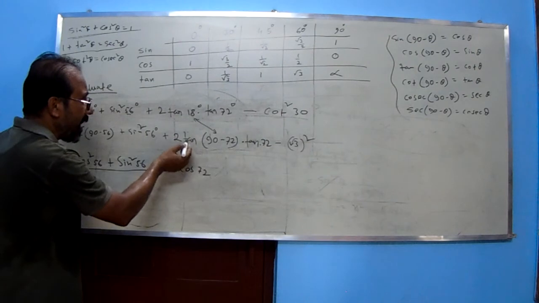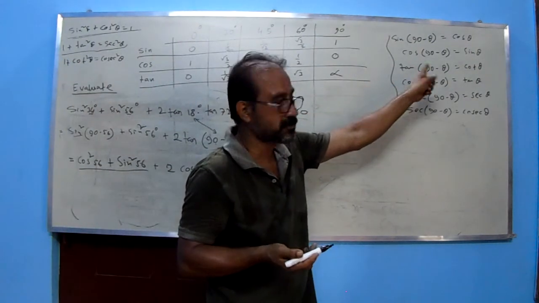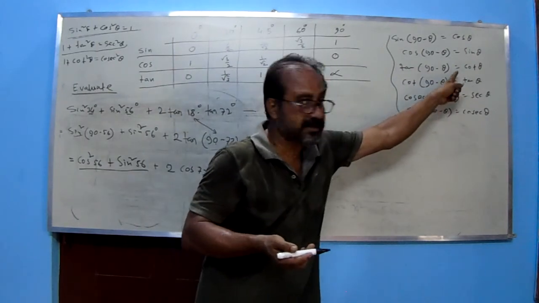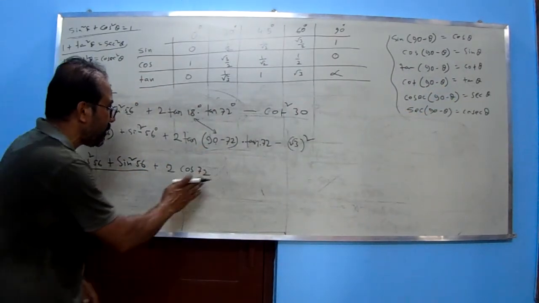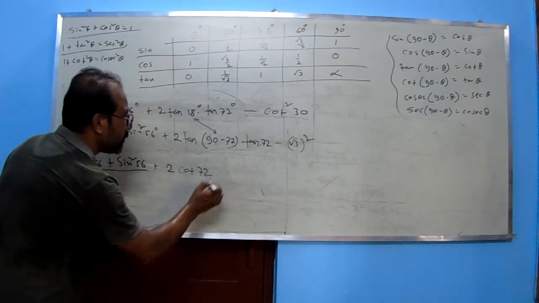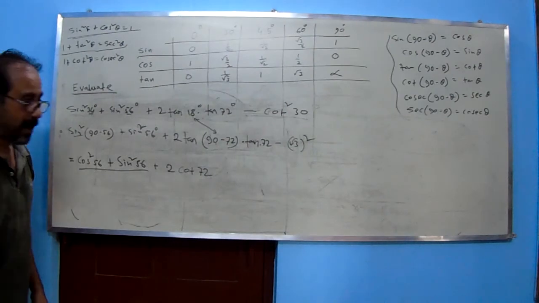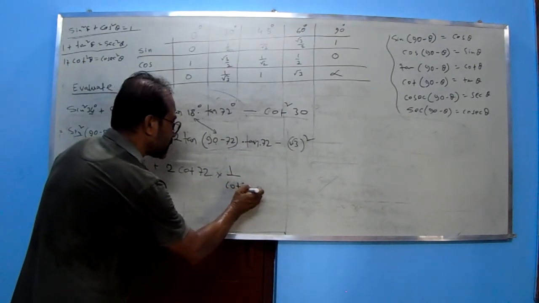Now, tan 90 minus theta means what? You check it out. Tan 90 minus theta means it is cot theta. So tan 90 minus 72 means it is cot 72. And here tan 72 means it is 1 by cot 72.